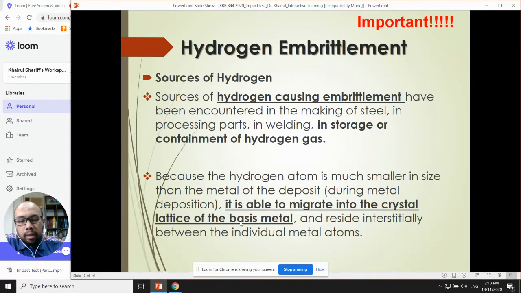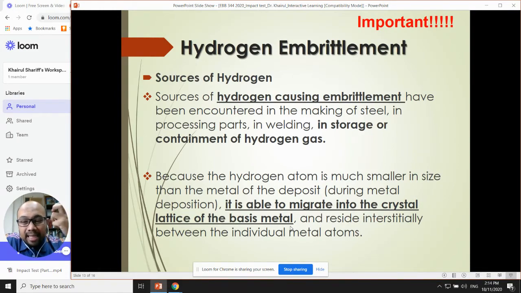This statement supports that it is able to migrate into the crystal lattice of the base metal. That's why, as I said just now, this hydrogen is easy to penetrate and attack the surface of the metal, because it is able to migrate inside the crystal and then disrupt the structure.